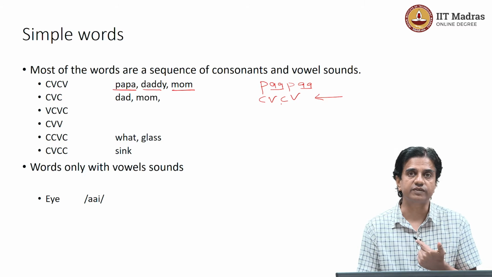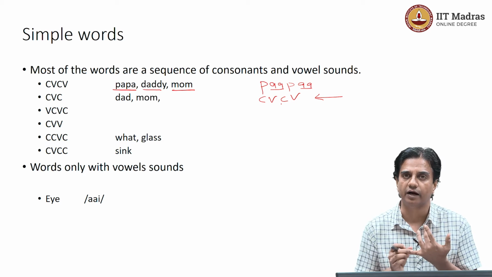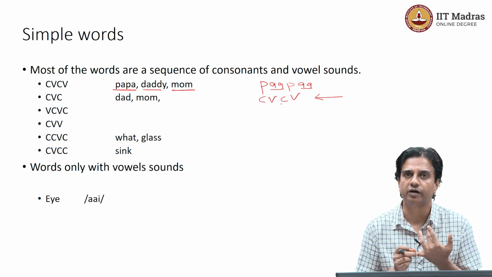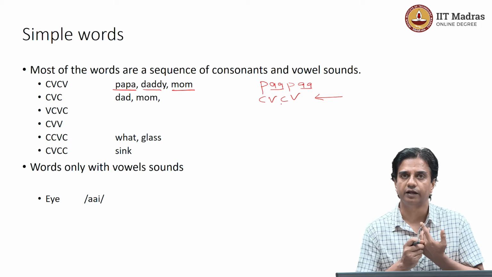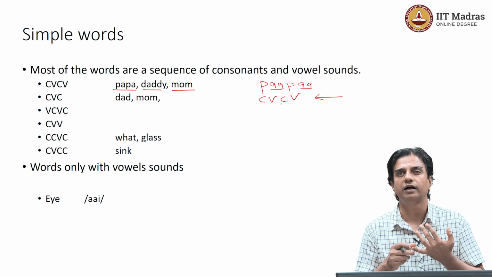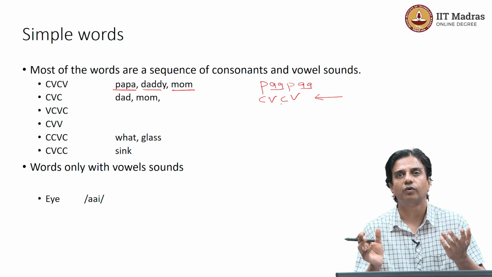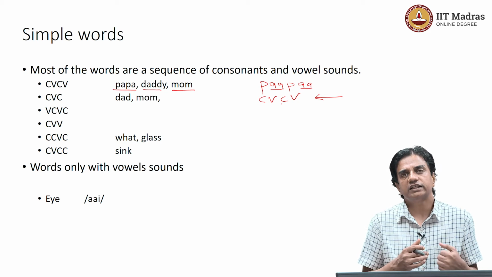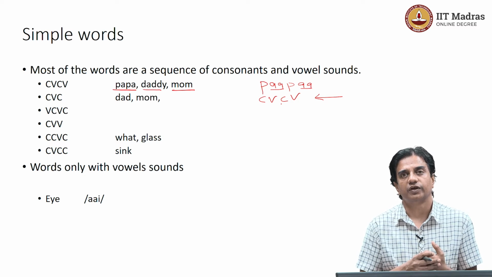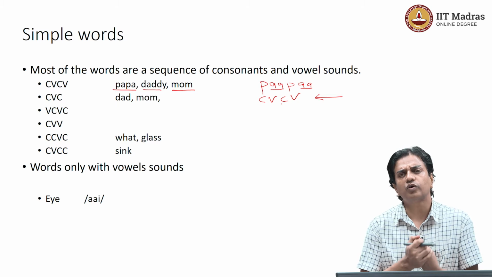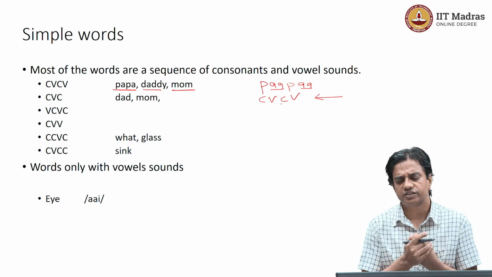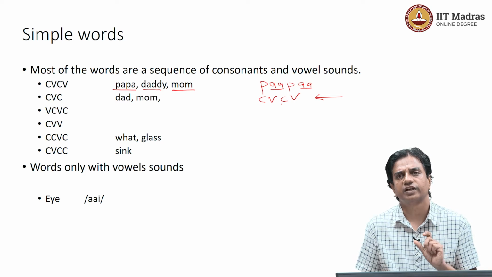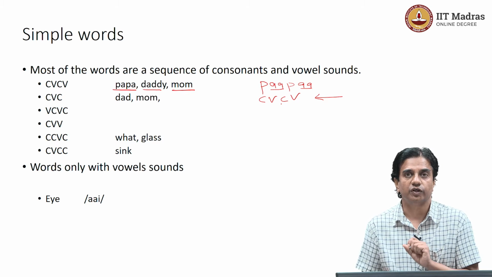You will find this sequence in many words like mama, ma, a, baba, ba, a, ba, a. So, papa, mama, baba, chacha, all kinds of words will follow this pattern. Not only just these relation terms, but there are a lot of words with just this alternation of consonant and vowel possible.